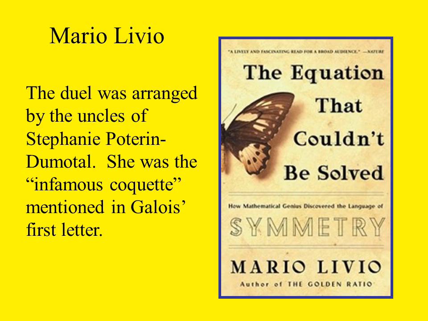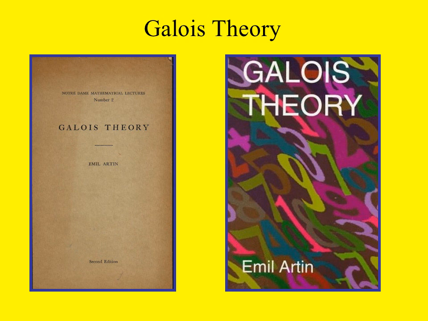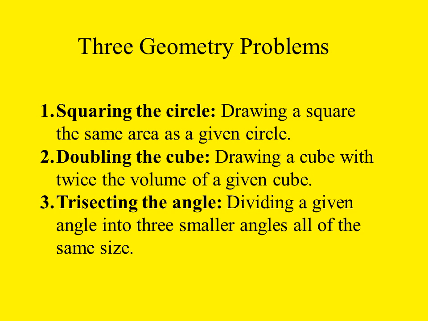Galois theory. Galois' ideas did eventually catch on during the 19th century. Not only do his ideas apply to algebraic solutions of equations, but also to geometric constructions. Galois theory, field theory in particular, can be used to show that the three classic construction problems from geometry cannot be performed.